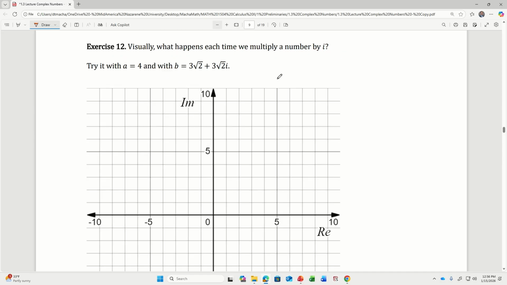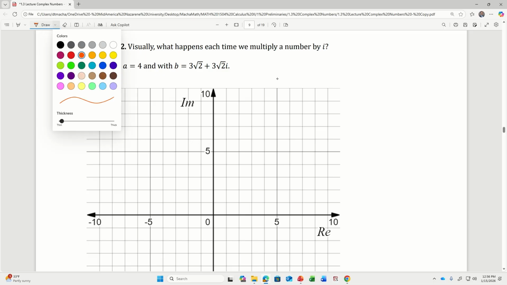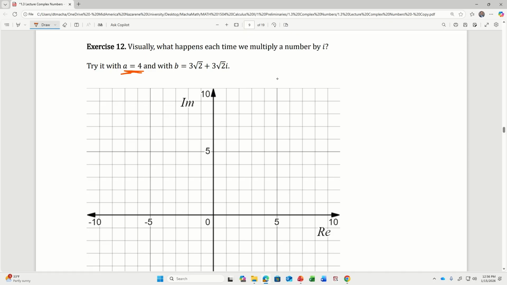Okay, next thing, what happens every time we multiply a number by i? What if I start off with the number 4? If I have the number 4 and I multiply by i, I'm going to get 4i, right?